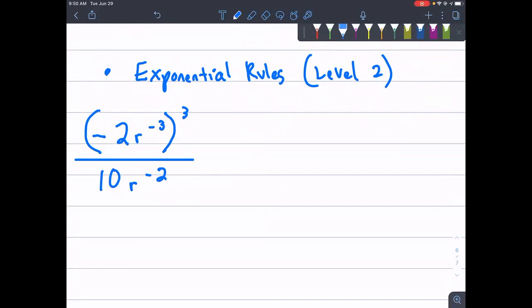Make sure when you're writing this, you're not writing r minus 2 on bottom. It should be r, and then the negative 2 is what's called superscript. It's up a little bit higher.